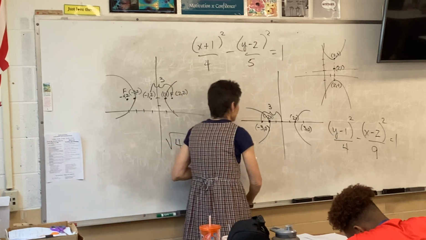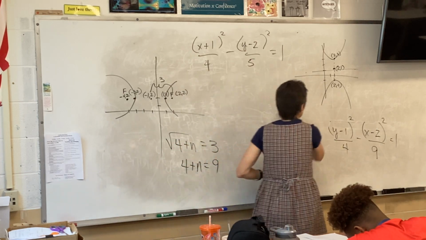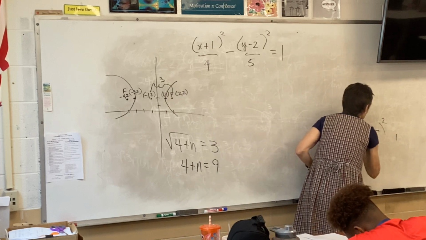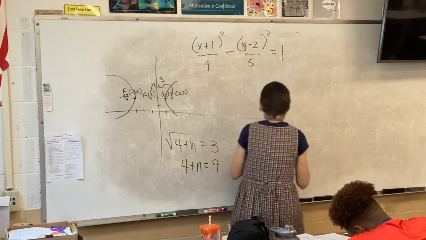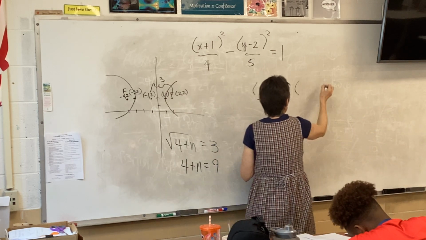It looks like D is another one like this. So go ahead and plot your points and see if you can figure out which way D opens, because we really need to know that to write our equation.